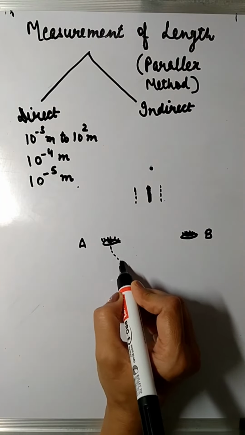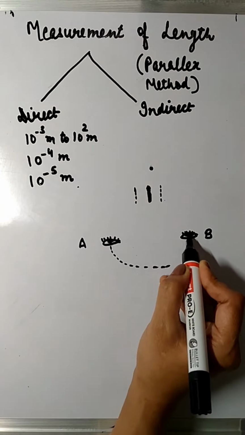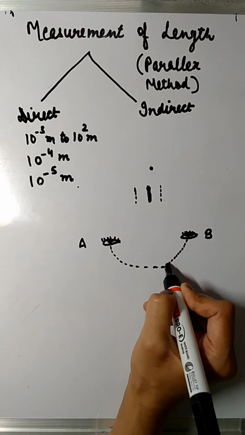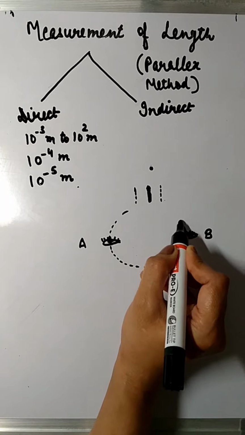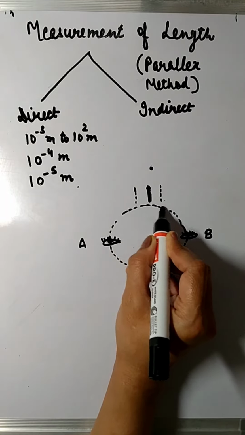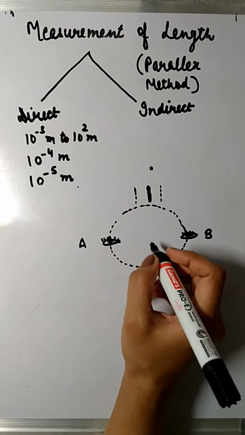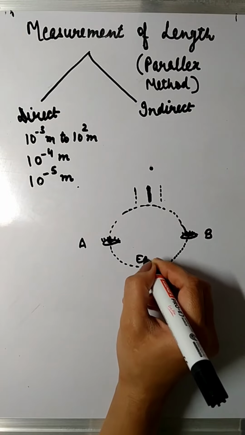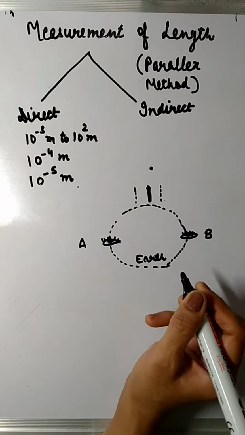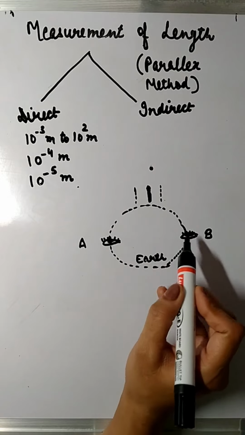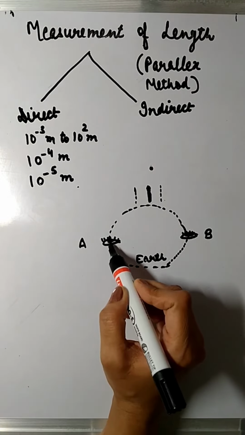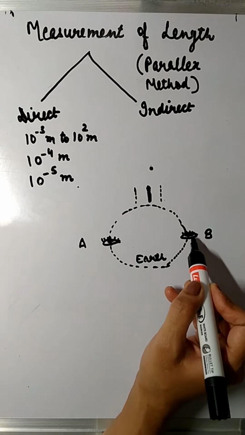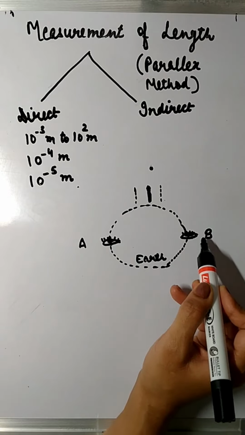Let us assume that this is our Earth. And these are two points on the opposite ends of the Earth. So we make one measurement from point A with the telescope and second measurement from point B with the telescope.